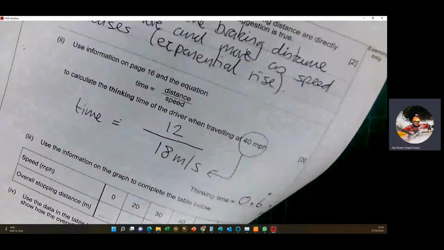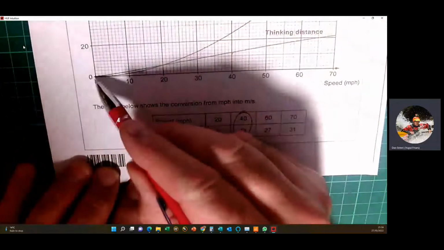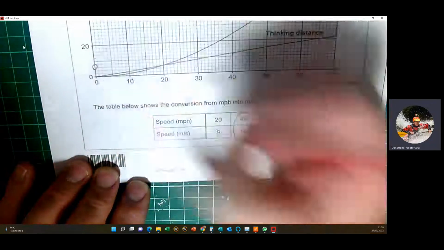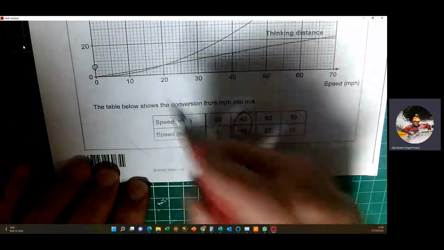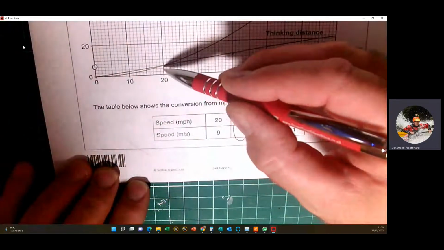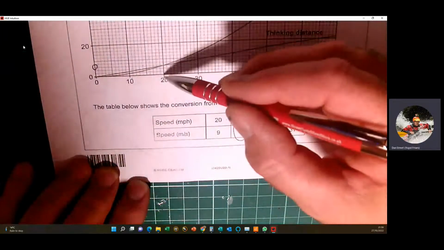Okay, so the table wants us to do it from 20 up to 70, or including 0. So at 0, obviously 0 and 0 is 0. At 20 miles per hour, the thinking distance is 6 meters, and the braking distance is also 6 meters, so that's going to be 12.